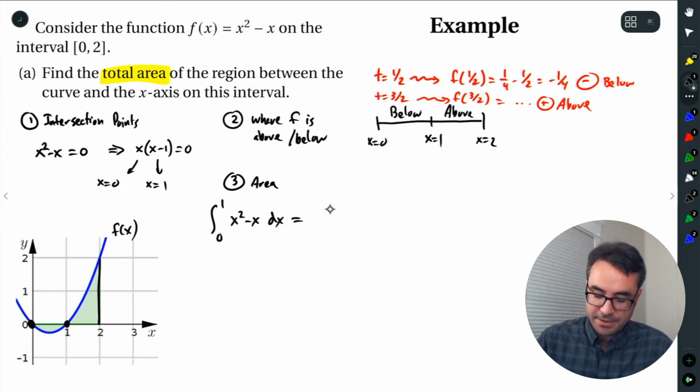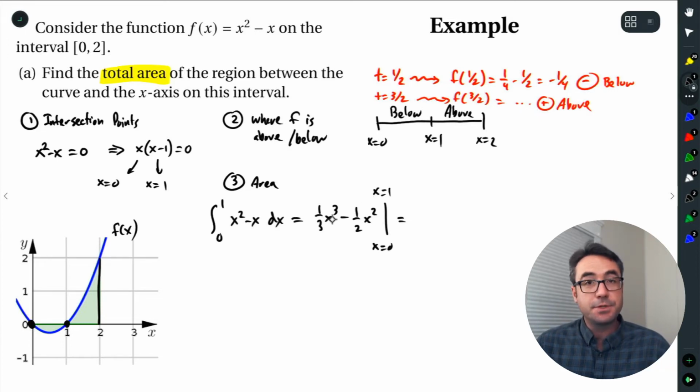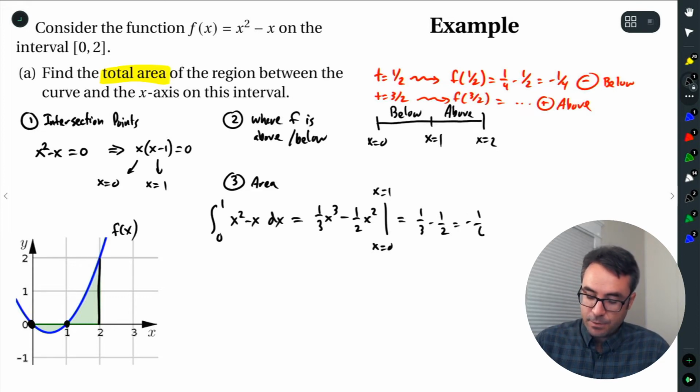So let's calculate this out. The antiderivative is 1/3 x cubed minus 1/2 x squared. We're going to evaluate this from 0 to 1. Top number goes in first, so we get 1/3 minus 1/2. Plug the bottom number in second, so we plug 0 in, we get 0. And this ends up being negative 1/6.